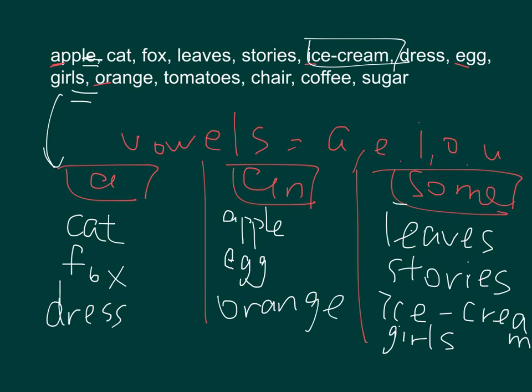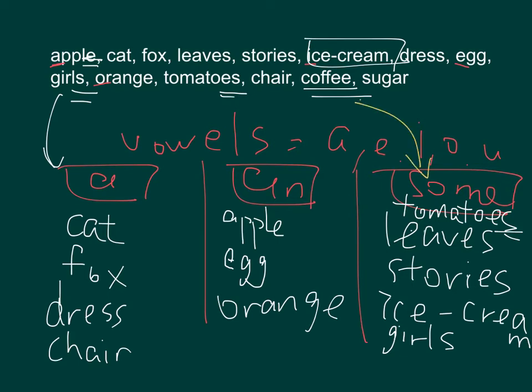Oh, I have no space to write. Tomatoes, we see S here. Chair, a chair. Coffee, because it is liquid again, we use some. And sugar, because it is too tiny, like dots. It's difficult to count. It is an uncountable noun. We use some to describe them as well.